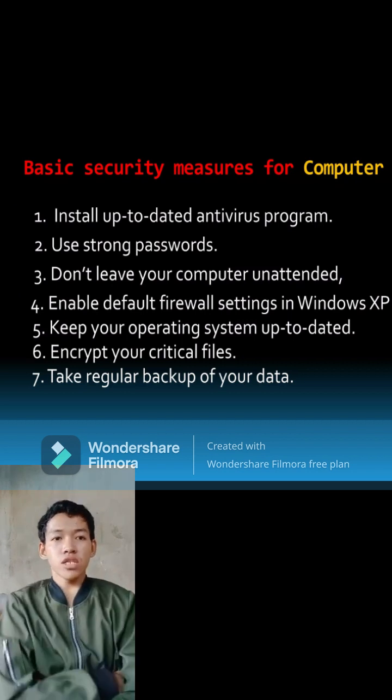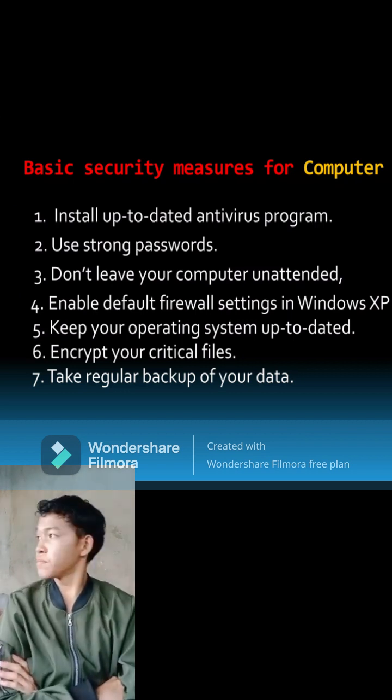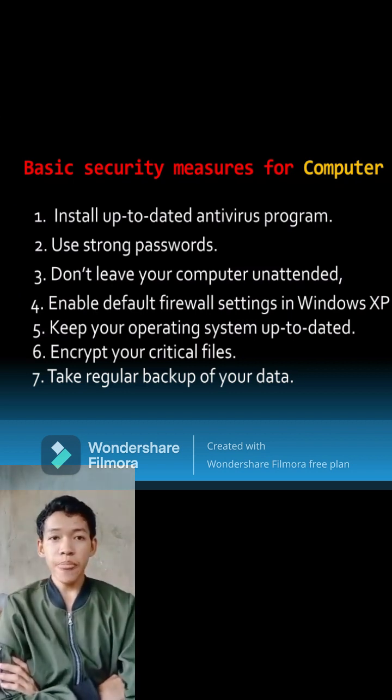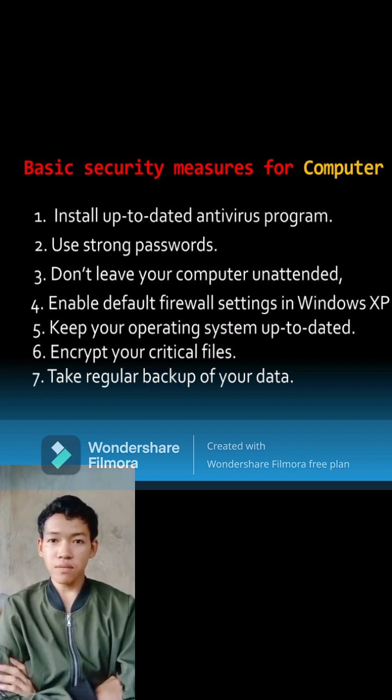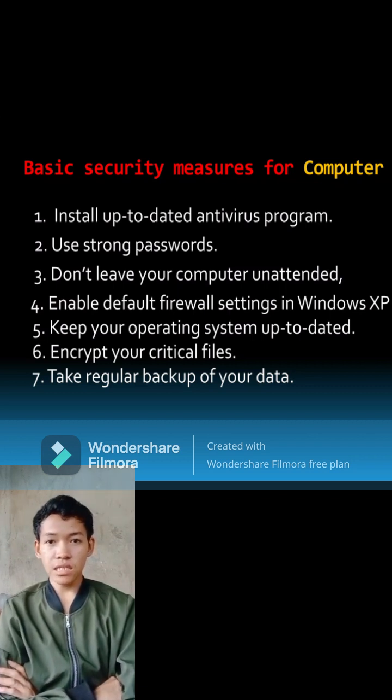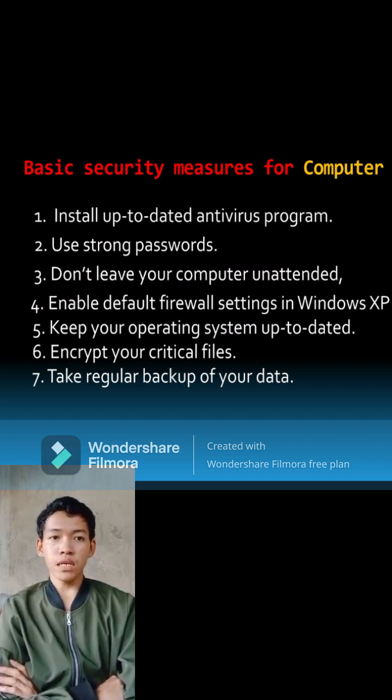Basic security measures for computers. The first one, install an up-to-date antivirus program. Next, use strong passwords. The third one is don't leave your computer unattended. Enable default firewall settings in Windows XP. Keep your operating system up to date. Encrypt your critical files.